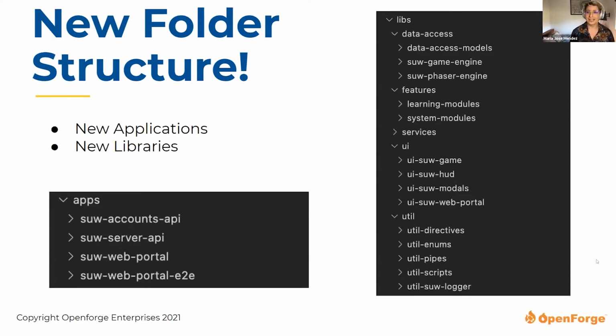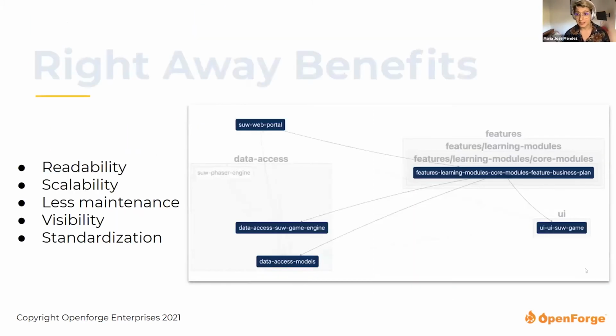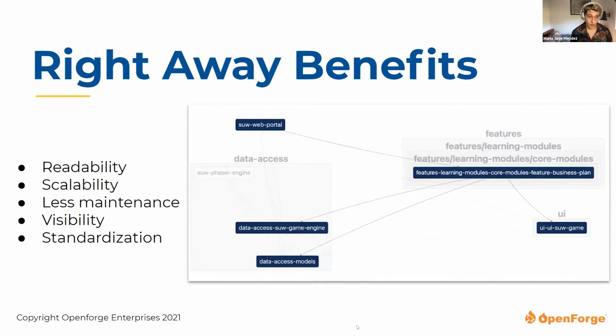Because now that we have this separated out, we can start adding features and just reuse all the things that we already built. That was amazing for our team. Some of the benefits that we saw basically overnight were readability, scalability, and a lot less maintenance.